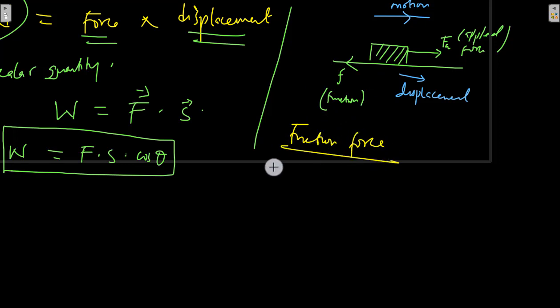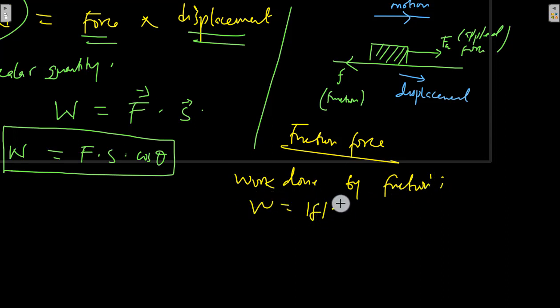The work done by friction is going to be the magnitude of friction force times the magnitude of displacement S, times the cos of the angle between the friction force and the displacement.